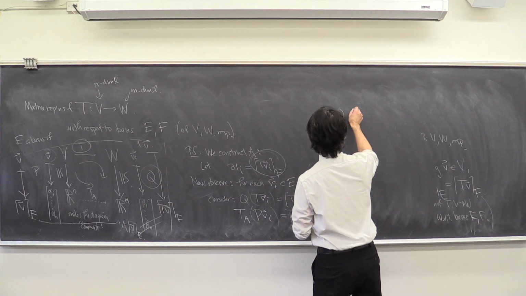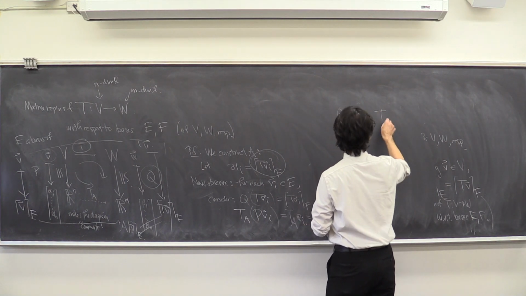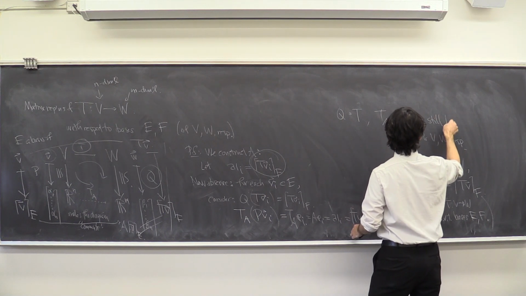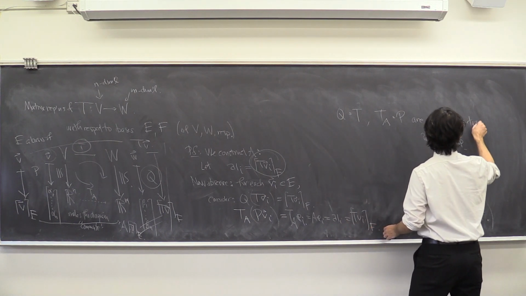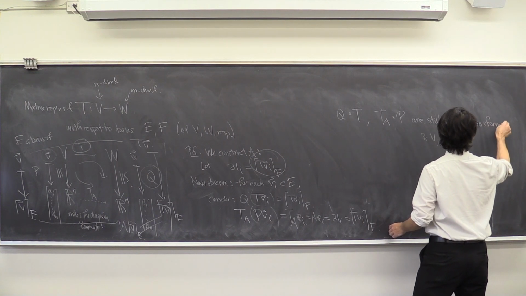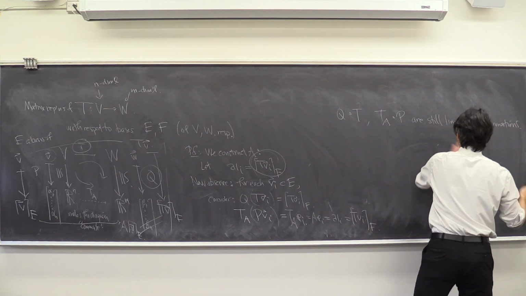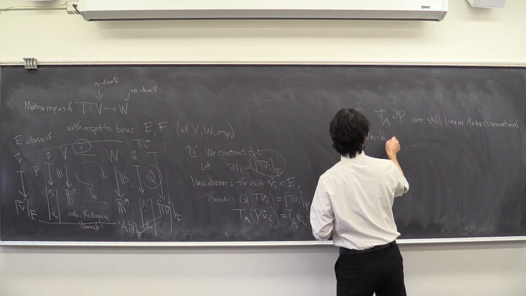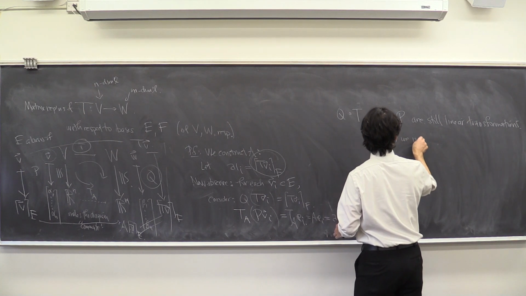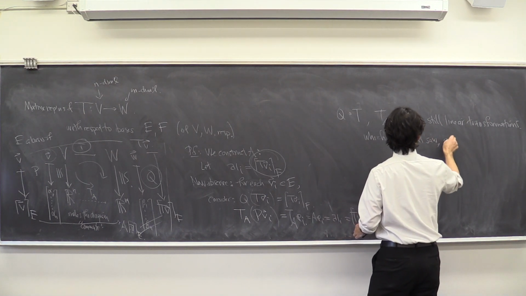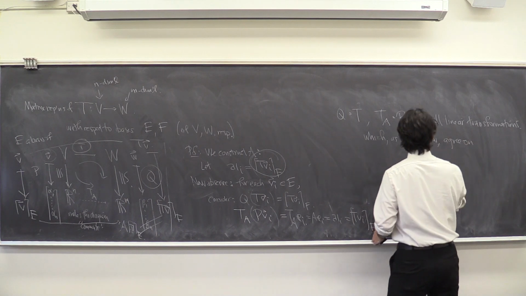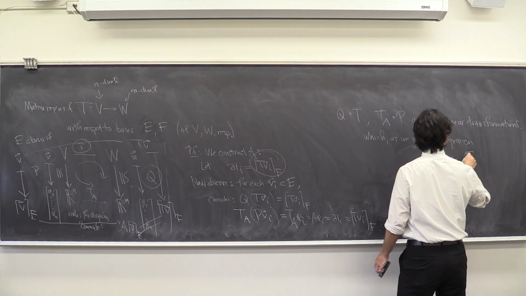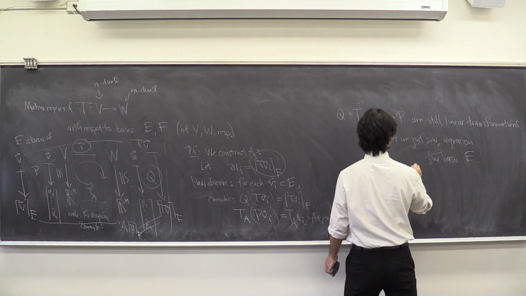So Q composed with T and T sub A composed with P are still linear transformations, which, as we just saw, agree on the basis E. So they must be the same.